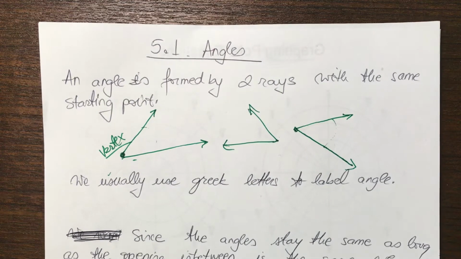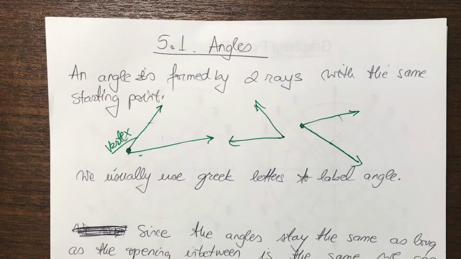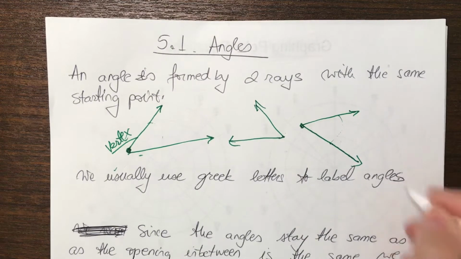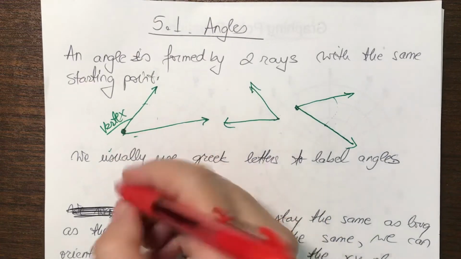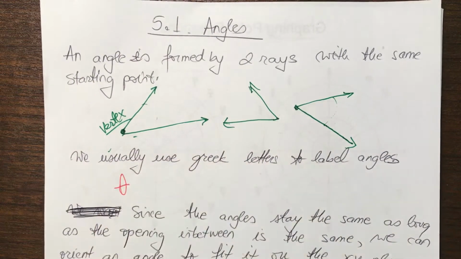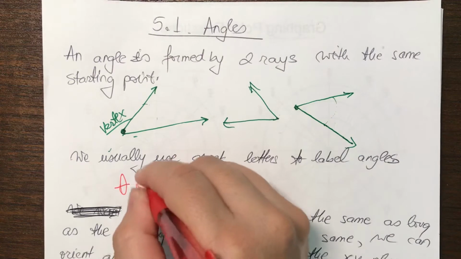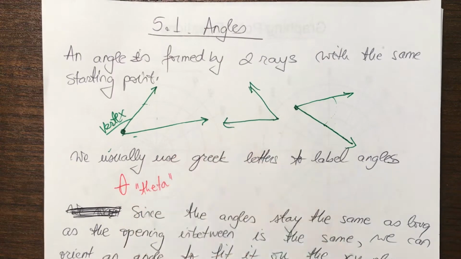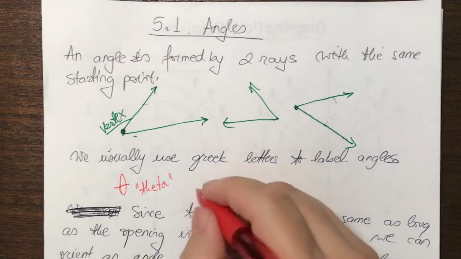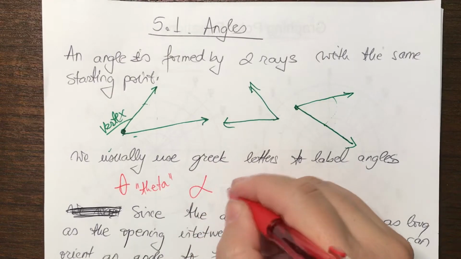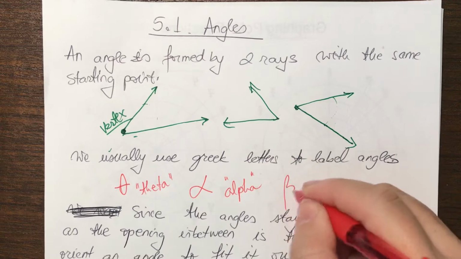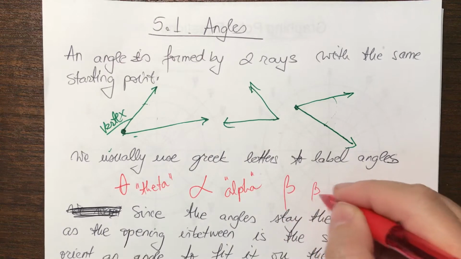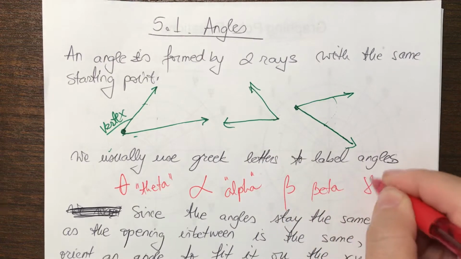Now, we usually use Greek letters to label angles. Of course, the most famous one, and you've heard it before, is theta. Some angles are called alpha, or beta, gamma.